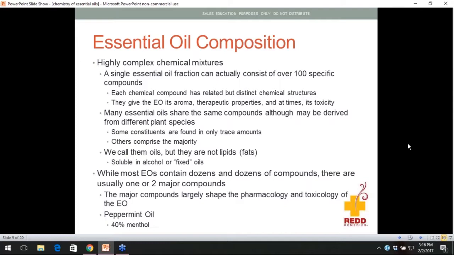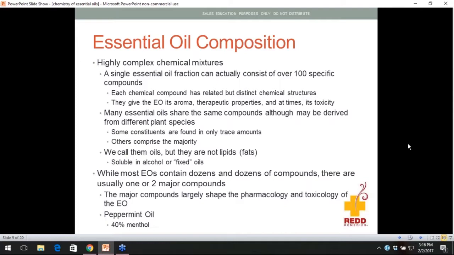Each chemical compound is related, but they have very distinct chemical structures. They are individual chemicals. Together they give the essential oil its aroma, its therapeutic properties, and at times its toxicity.